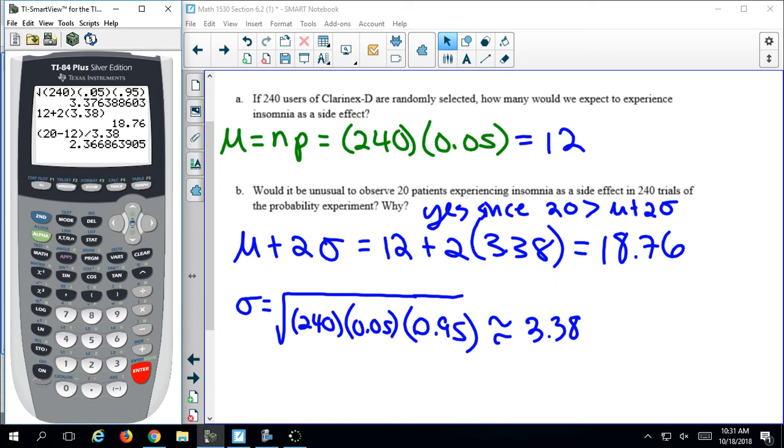So that tells us that 20 is 2.37 standard deviations above the mean, which makes it unusual, right? Anything above 2 or less than -2 is unusual because it's more than 2 standard deviations away from the mean. Anything between -2 and 2 is called usual, right? That was from a long time ago, but we still need to remember that. We're going to keep using that.